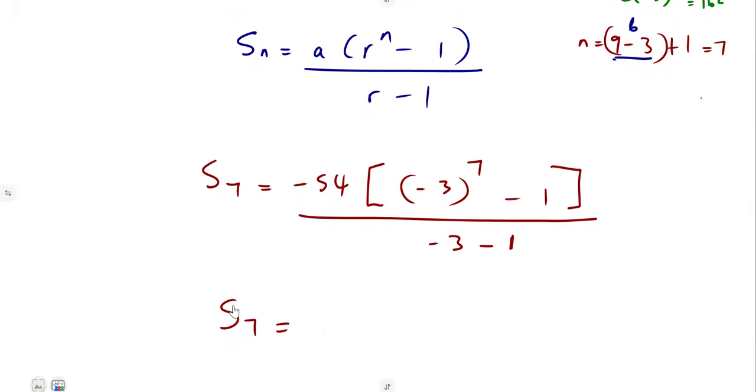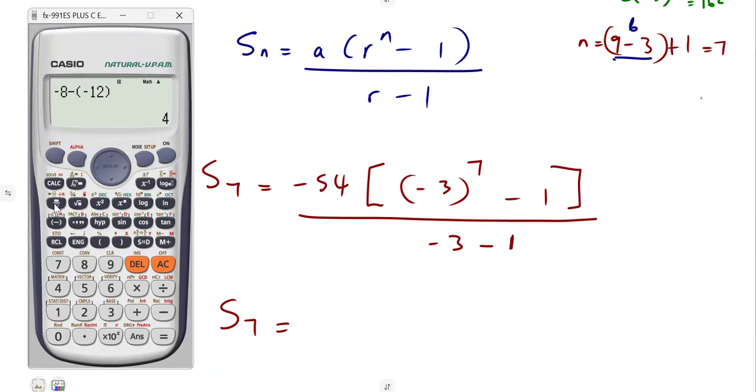You can even just use your calculator at once here. You have your fraction, -54. Let's open bracket, then open another one for -3 to the exponent of 7. Then we subtract 1 and close the bracket on top.